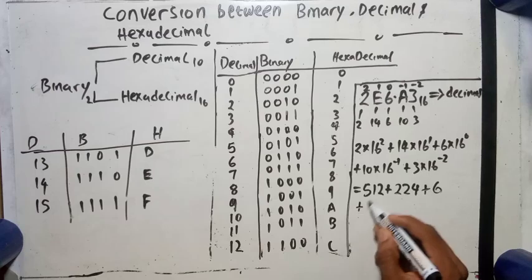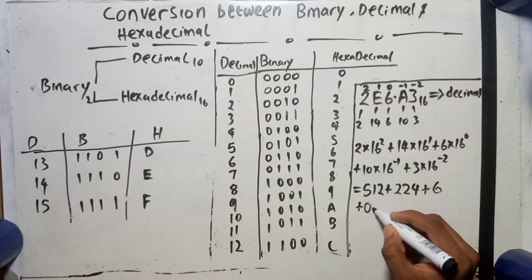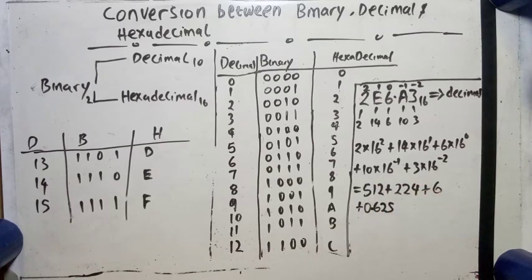Plus for our 10 part, we have 10 multiplied by 16 raised to power minus 1, and we have our answer to be 0.625. This is for this one. Now over to the next one, raised to power minus 2.